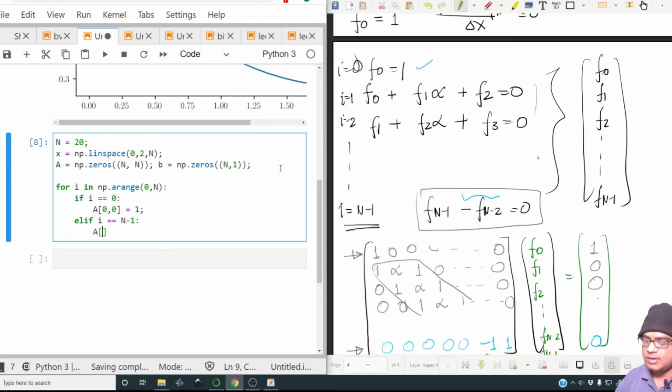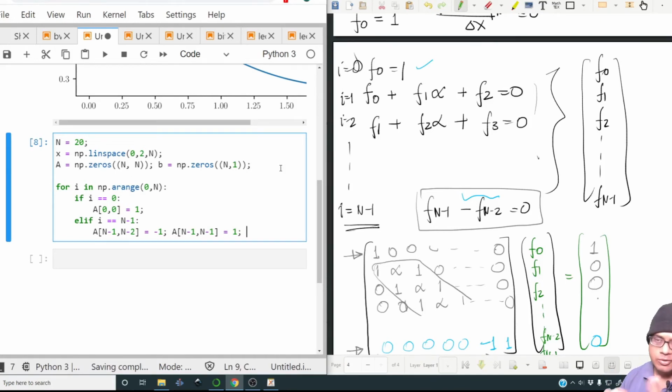We will say A[n-1, n-2] equal to minus 1, A[n-1, n-1] equal to 1. So these two if-else statements take care of the boundary conditions, or rather the boundary nodes.